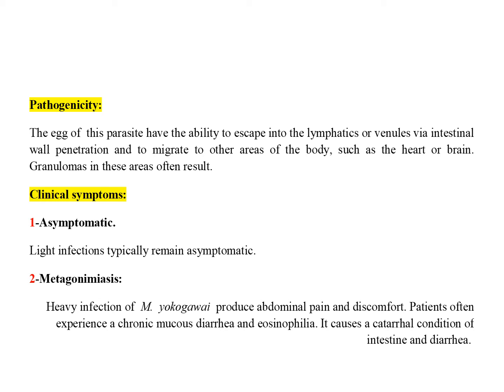Whereas in the symptomatic phase, metagonimiasis as a disease, in heavy infection Metagonimus yokogawai produces abdominal pain and discomfort. Patients often experience chronic mucus diarrhea and eosinophilia. It causes a catarrhal condition of the intestine and diarrhea.